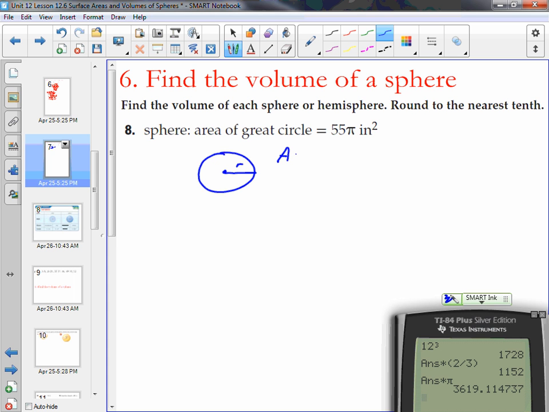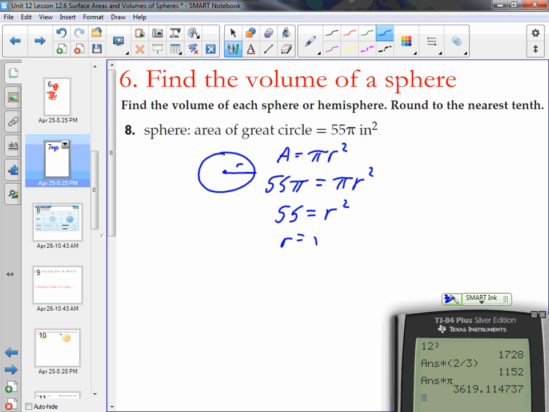We know that area equals pi r squared for a circle. So in this case, the area is 55 pi. So 55 pi equals pi r squared. Divide both sides by pi. 55 equals r squared.